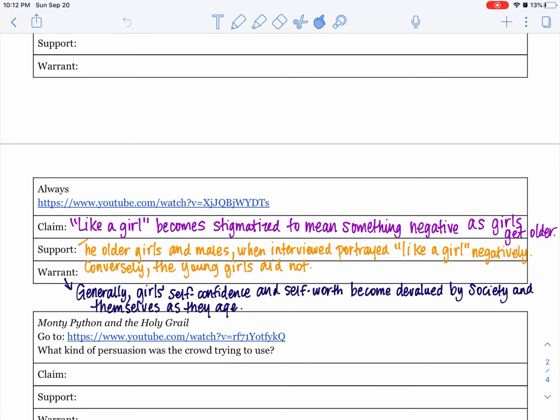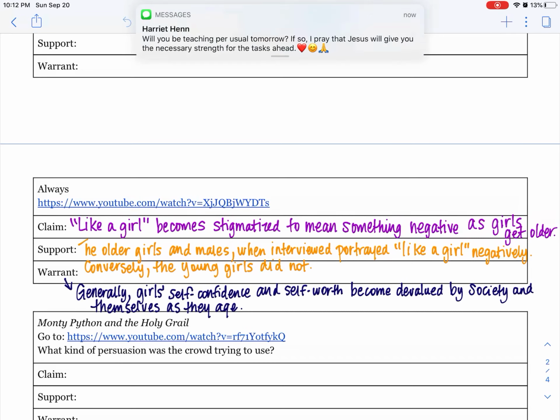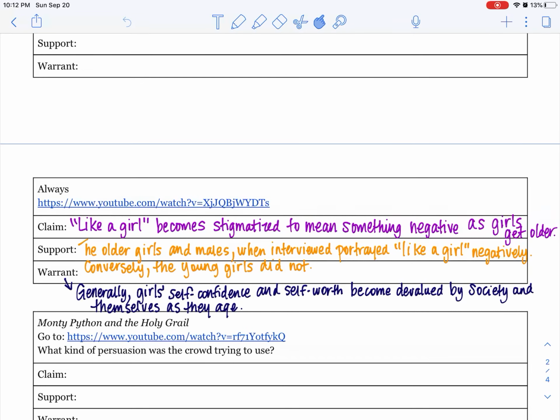The support that they use are these interviews. And they interview the older girls and the males, which represent society, this thing that happens in society by stigmatizing what it means to be like a girl. So they use these interviews and talk about how the older girls and males, when interviewed, portrayed like a girl negatively.